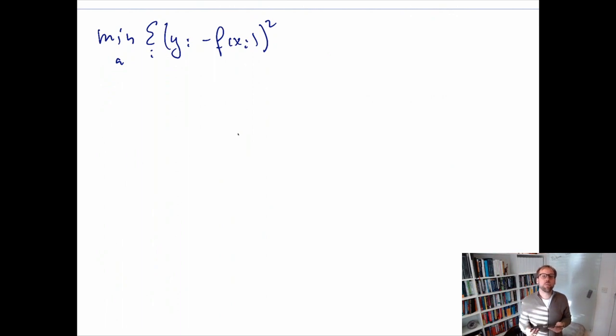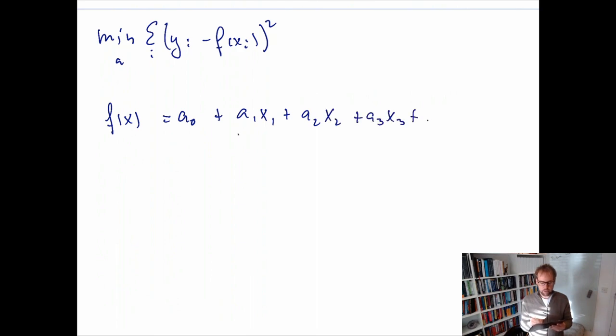And for example, what happens if we do subset selection? In the expression we had for f of x, we will ignore the a0 for a bit and focus on the coefficients that come with the predictors: a1 times x1 plus a2 times x2 plus a3 times x3 plus and so on up to ap times xp.